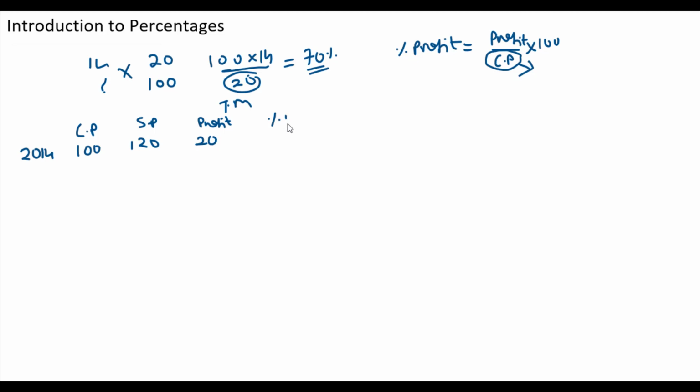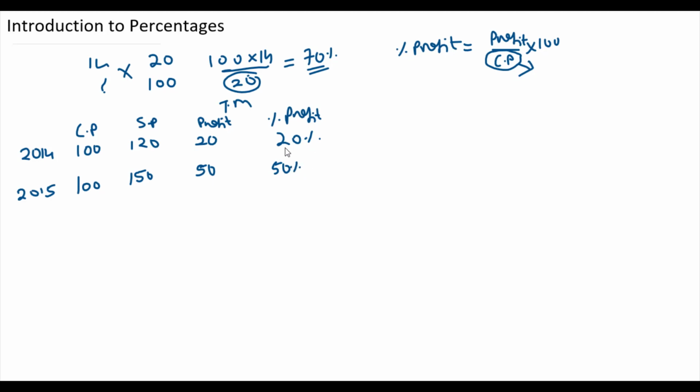So here the percentage profit will be profit upon cost price into 100, which comes out to be 20%. Then in the next year 2015, they again purchased a product costing 100 rupees, and this time they sold it at 150 rupees. Therefore the profit will be 50 rupees. If we calculate the percentage profit with the same formula, it will be 50 upon 100 into 100, which gives us 50%.